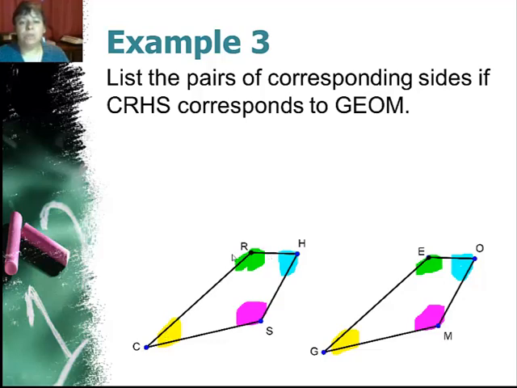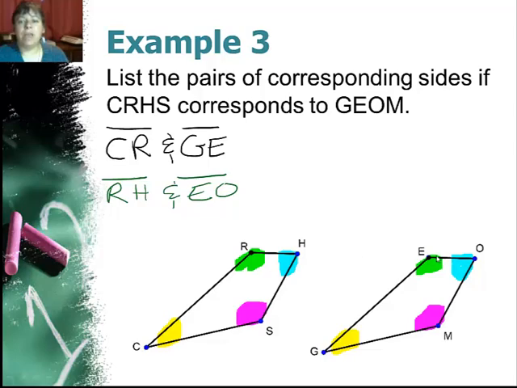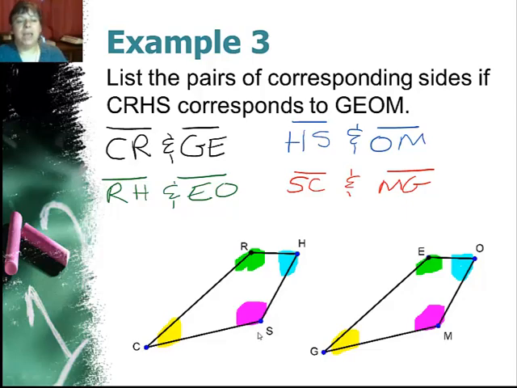So here's one side, CR, yellow to green, so yellow to green. So CR and GE are corresponding sides. Then I'm going to go green to blue and green to blue. That would be RH and EO. Blue to magenta and blue to magenta. HS and OM. And then magenta to yellow and magenta to yellow. SC and MG.